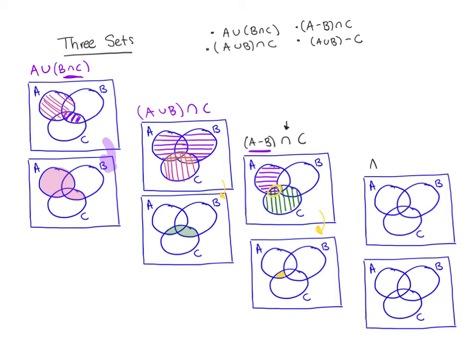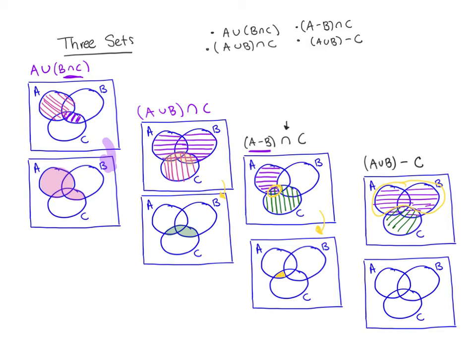Finally, if I want to do A union B minus C, I can start with my A union B. So that's everything that's in A or B. And now we know we want to get rid of the stuff that's in C. So instead of looking for the overlap here, I'm looking for the stuff that's still in A or B, but no longer in C. So we have to remember sort of what we're doing as we're doing it.